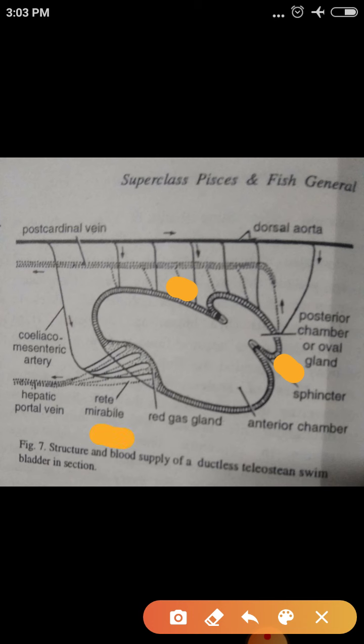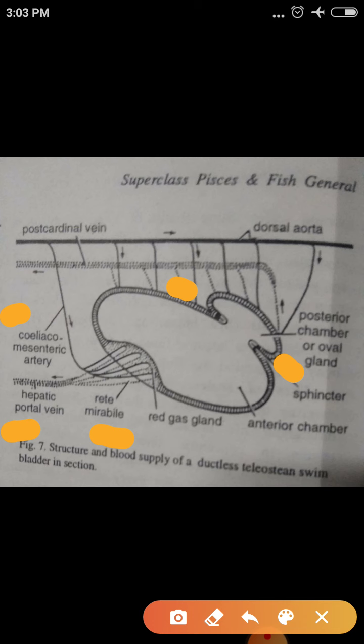You can see the rete mirabile on the anterior chamber. The red gland receives blood from the coeliaco-mesenteric artery and empties into the hepatic portal vein. Gases in the bladder come from blood secreted by the red gland.